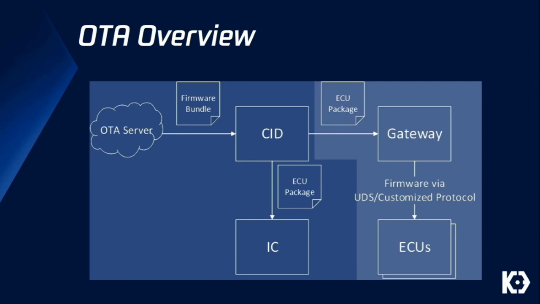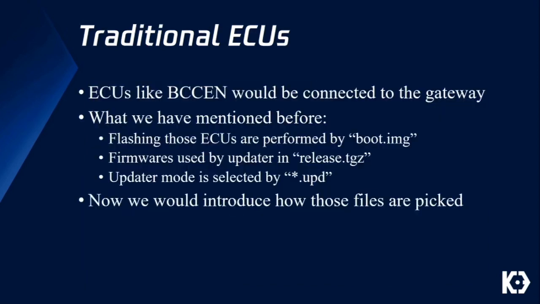After we have talked about how the IC and other Ethernet connected ECUs are updated, let's talk about how the gateway and other CID-side ECUs are updated. We call those ECUs connected to the gateway traditional ECUs. For example, the central body controller or front body controller or something like that.